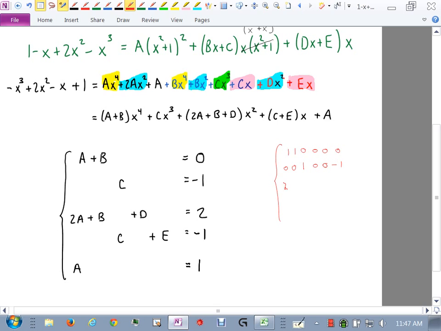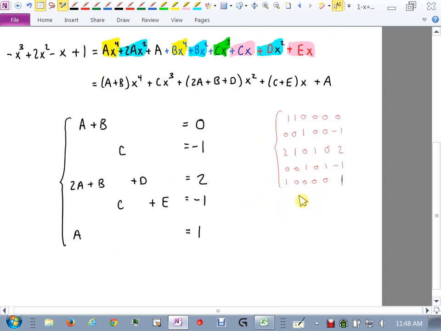Then you'd have 2 1 0 1 0 2 0 0 1 0 1 -1, and then 1 0 0 0 0 1. Now I'm just showing you that because that's the way the matrix would be set up. If it weren't so easy to solve, which this one is, then we would probably need to go to the matrix to get it, right? And do your RREF on your calculator. That'd be a lot to type in, but trust me, if this wasn't easy to solve, you'd want that, right?